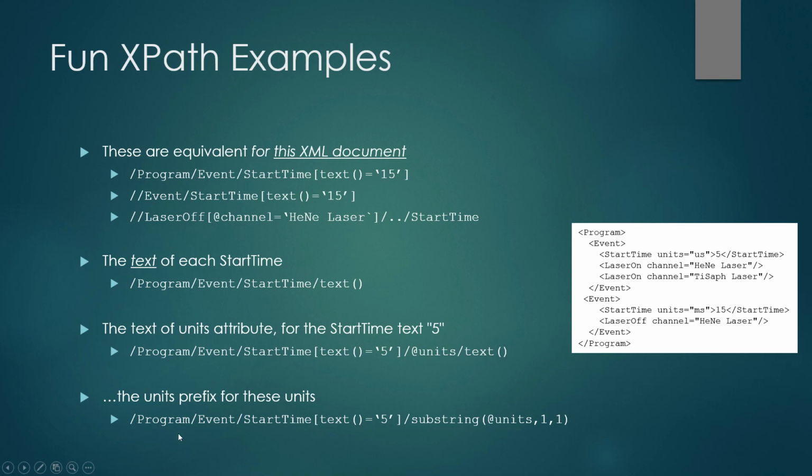We've got all of our stuff here. We found our node with the number 5. Then find the substring of the units, right? So this is the attribute units. We're now looking at it like it's a string. Find the substring, get the first digit, count to the one thing, right? So 1 digit. And in this case, it would be the letter U.